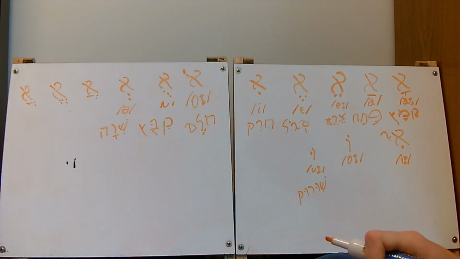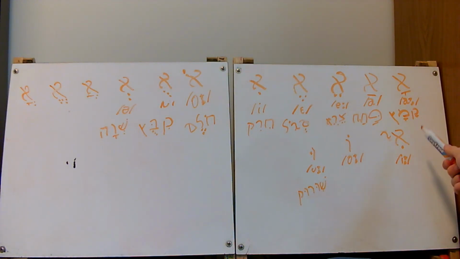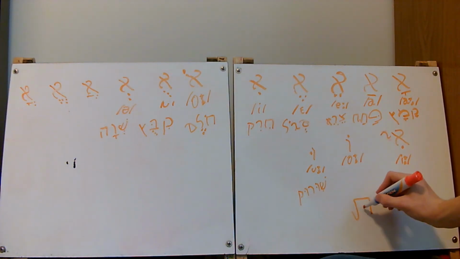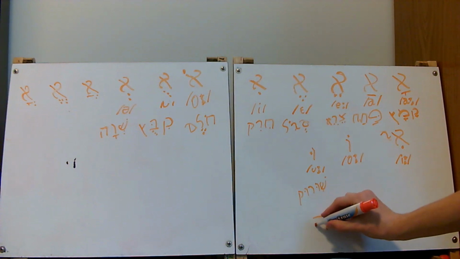So sometimes when a vowel letter is written in a word, it will be something known as spelled defectively. Like say, for example, the word Torah, which means teaching.